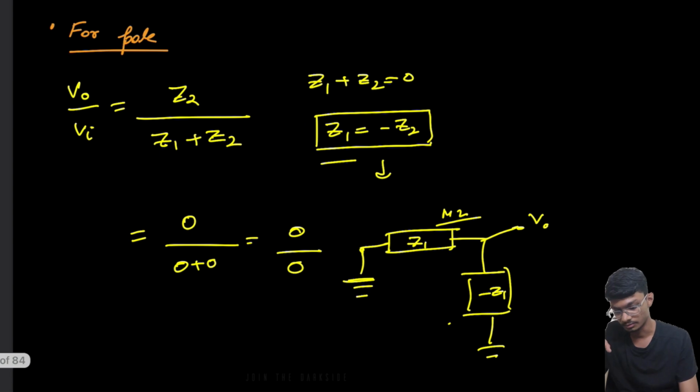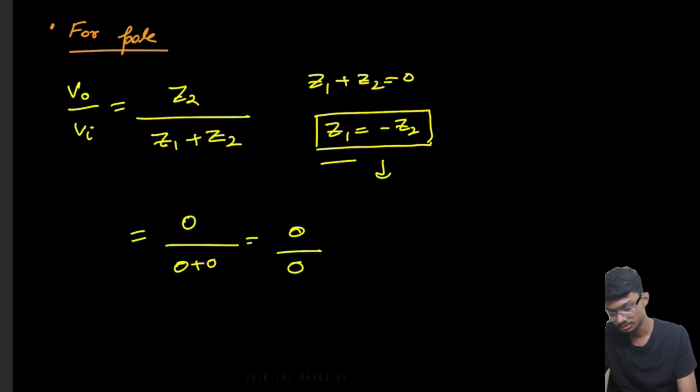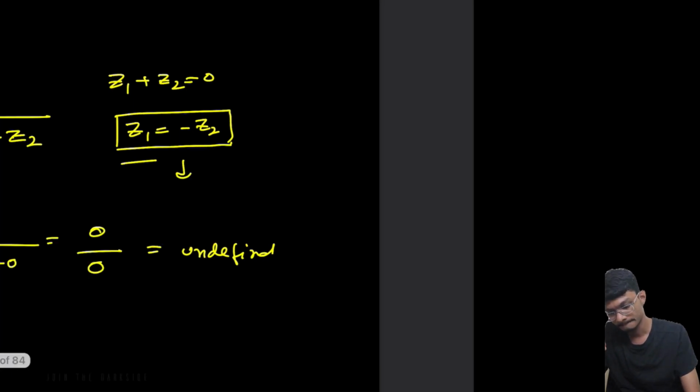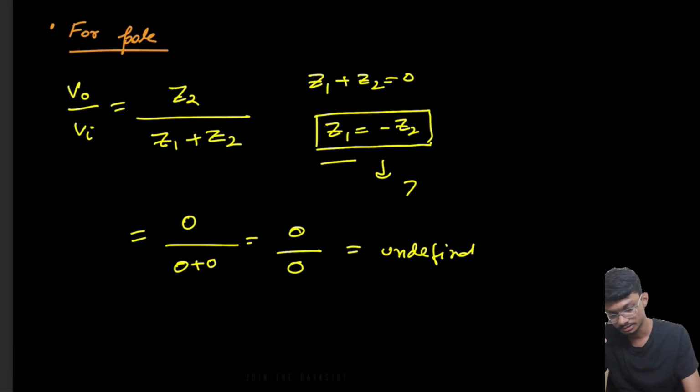So next, let's do a few circuits. Let me draw this a bit better so that you will understand it. Let me keep this undefined. Also let me write this, that z1 is not equal to z2 is not equal to 0, right? This is an important condition. So this is another way to find out.